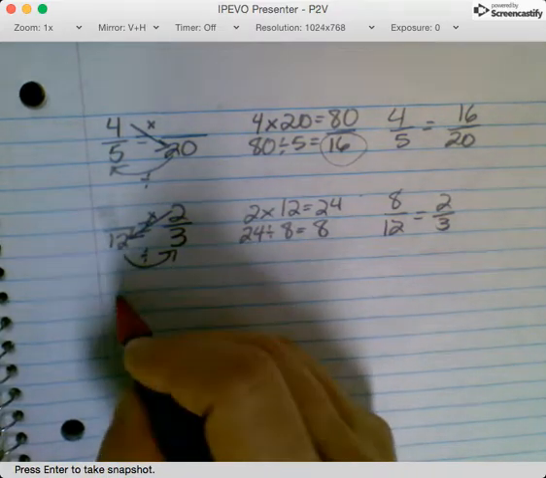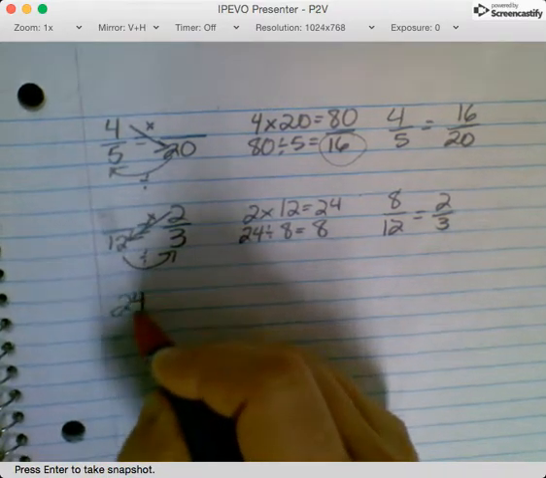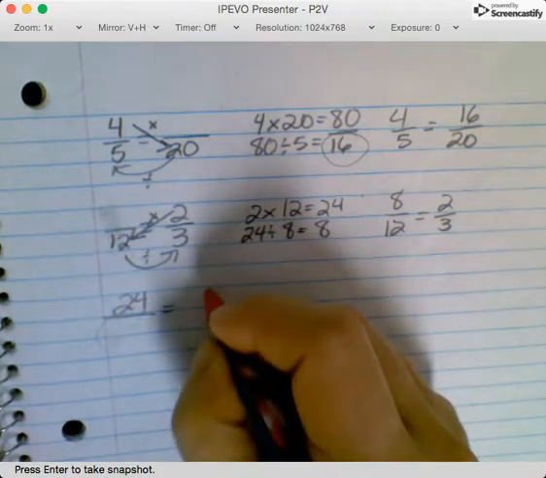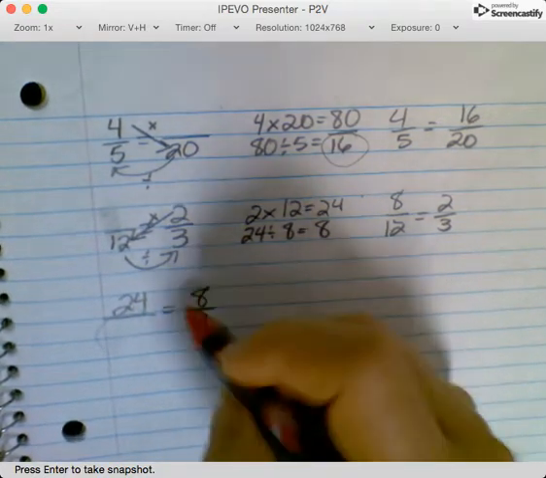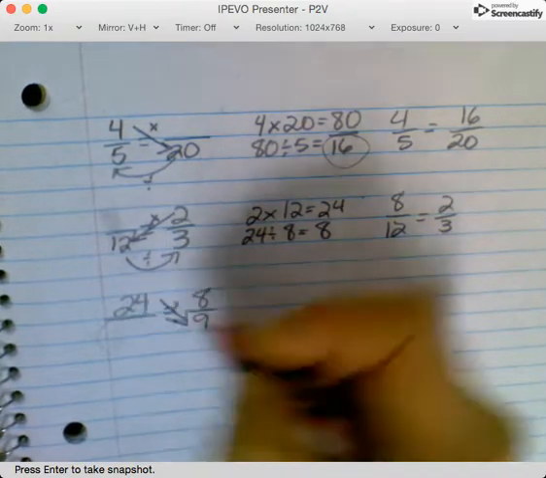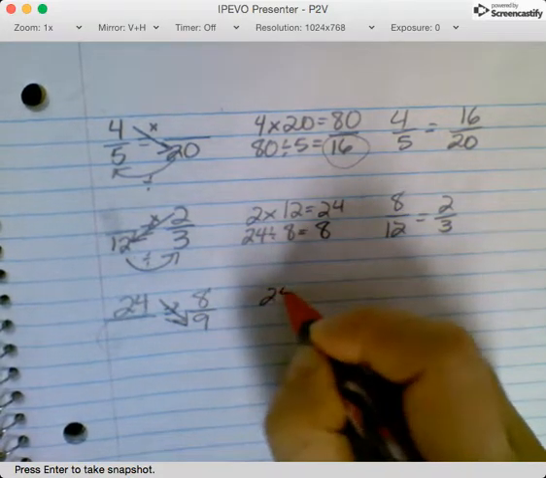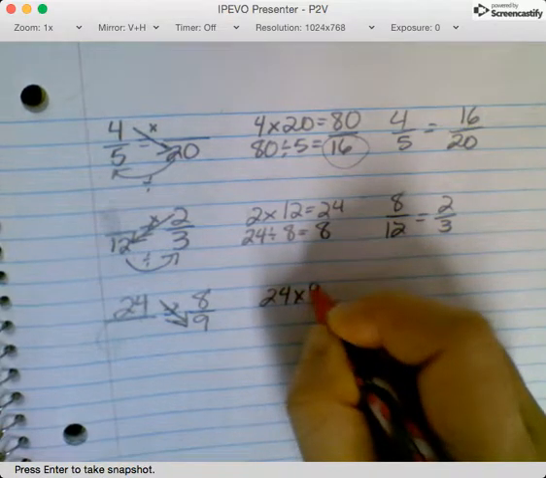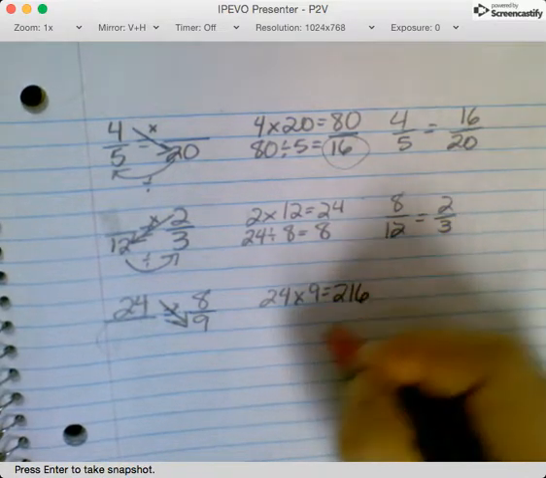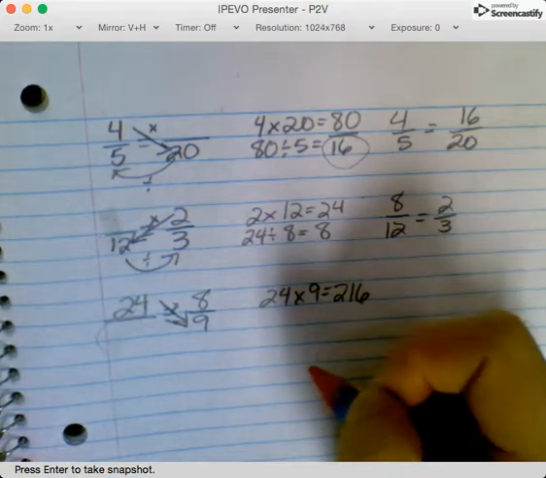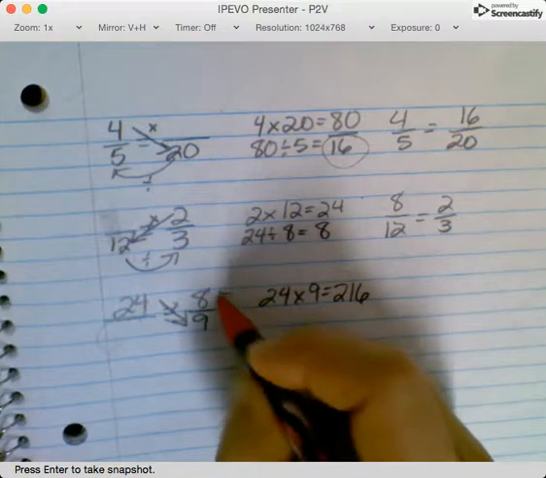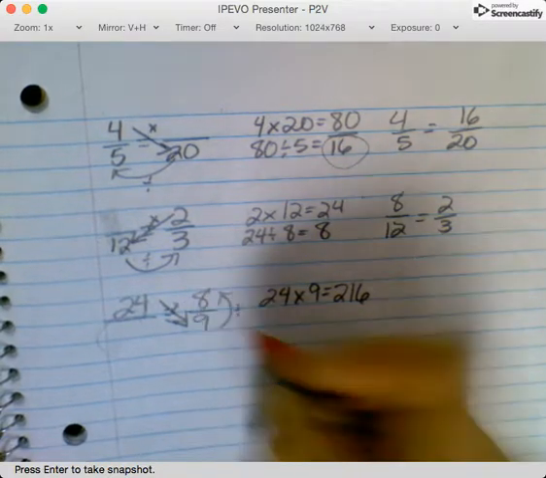Let's do one with a bottom number missing. So we have 24 with a blank here equals 8/9. Still cross multiply. So we multiply here, 24 times 9. And normally you would write this out, but it's 216. You divide that answer by this other number that you have left.